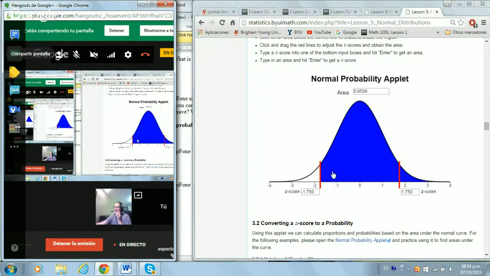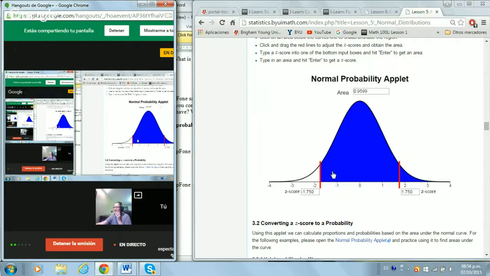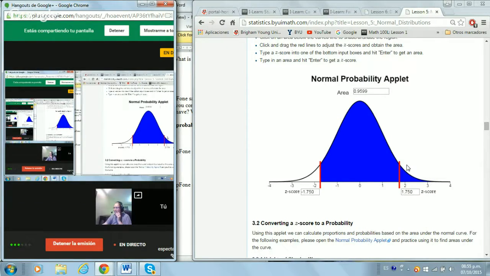So you have to shade the central part and the side to the right. Okay, thank you. Glad you pointed that out.